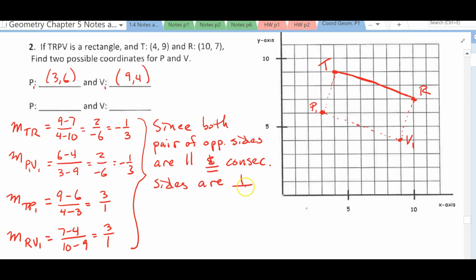The perpendicular part gives us the right angles. It is a rectangle. That brings us to the end of this video. Again, what I want you to do is figure out another set of points for P and V that would make this a different rectangle. So go ahead and do that, and make sure you show me or the other teacher in class or your teacher, and we'll see you in the next video.